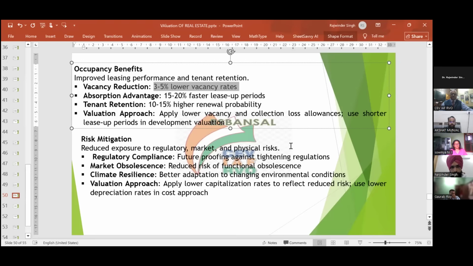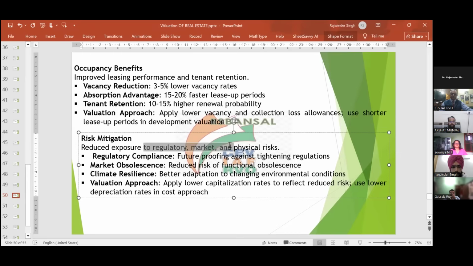And because of green building, tenant retention will increase by 10 to 15% because of renewal probability. Similarly, it will reduce regulatory, market, and physical risk in the buildings.